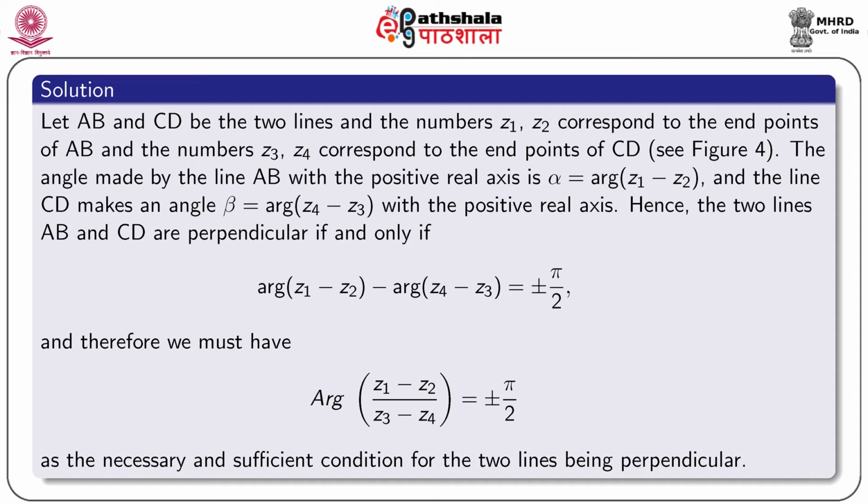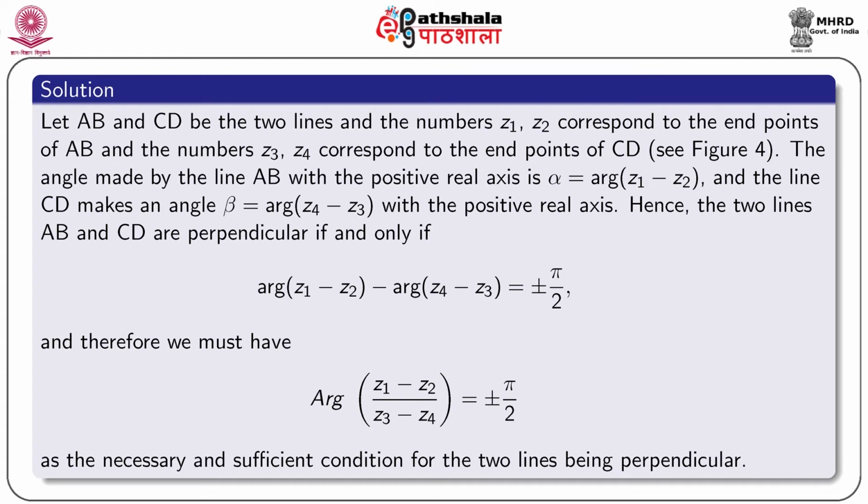The angle made by the line AB with the positive real axis is alpha, and that is obviously equal to argument Z1 minus Z2, and the line CD makes an angle beta, which is equal to argument Z4 minus Z3, with the positive real axis.